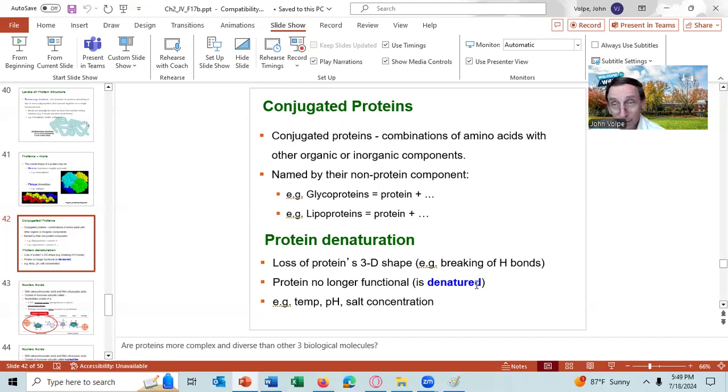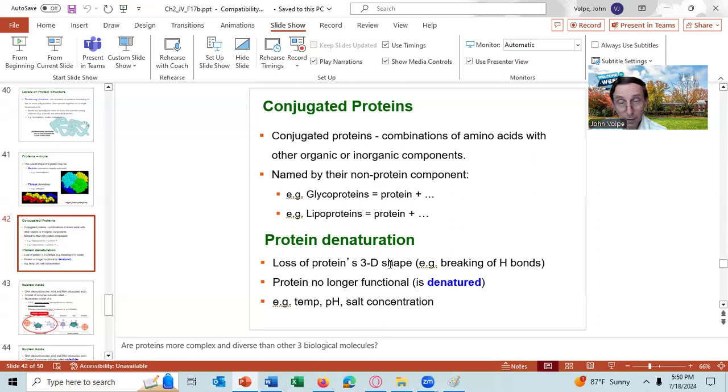Like our cells, if you were to take your tissue, obviously you have to cut it out of yourself, but you take your blood, for example, out of yourself, and then put it in the refrigerator or the freezer, it would form hydrogen bonds that should not be there. And that could cause protein denaturation also. So when the protein becomes denatured severely enough, the protein will no longer function, and that we call a denatured protein.